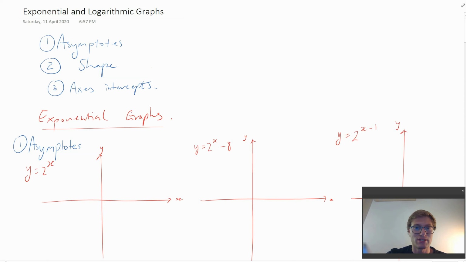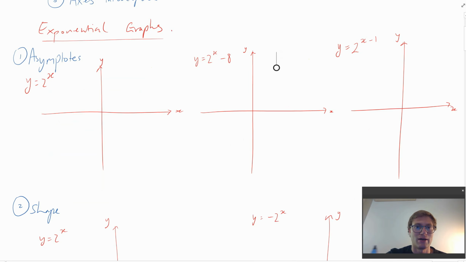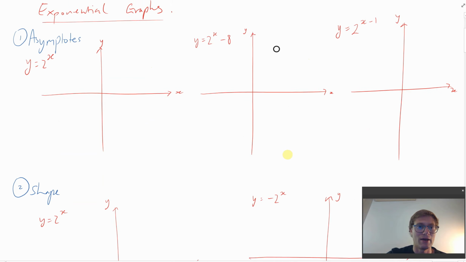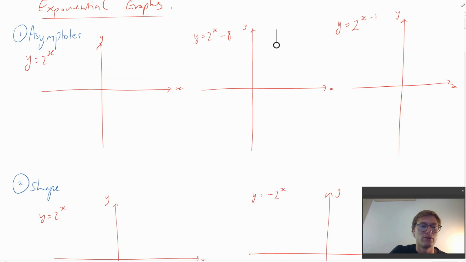So first we'll consider an exponential graph. We'll start with a very basic one here, 2 to the power x. You might remember that exponential graphs always have a horizontal asymptote. So this one has an asymptote at y equals 0, and then they have this shape here. This is just the basic exponential.